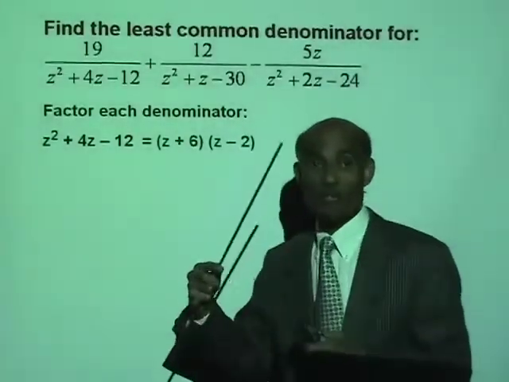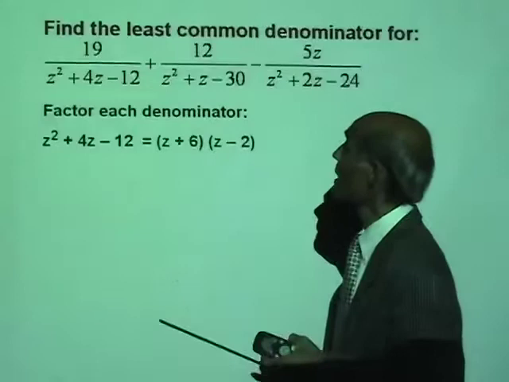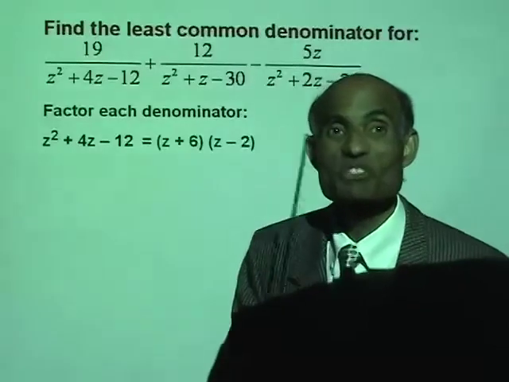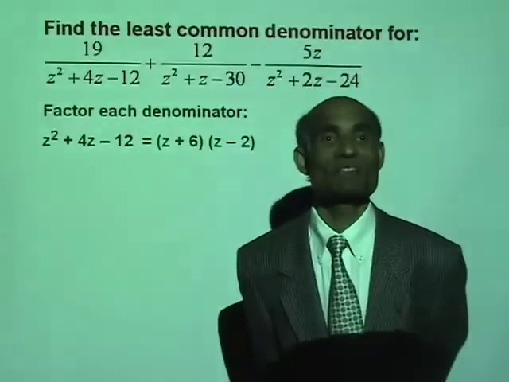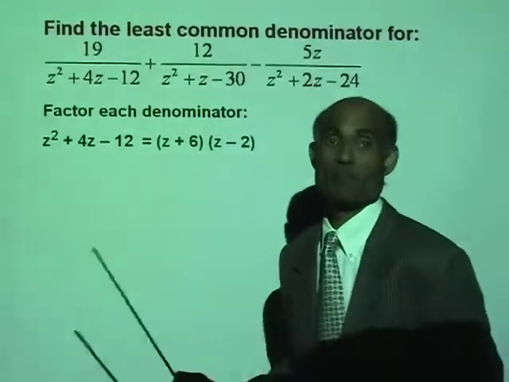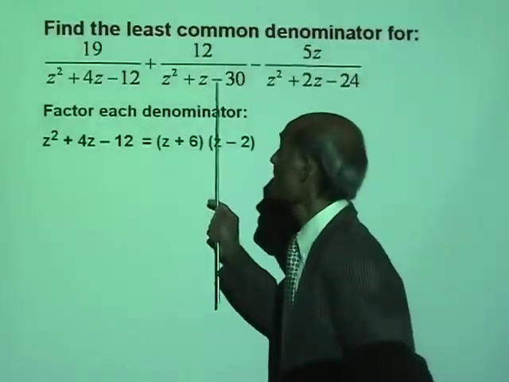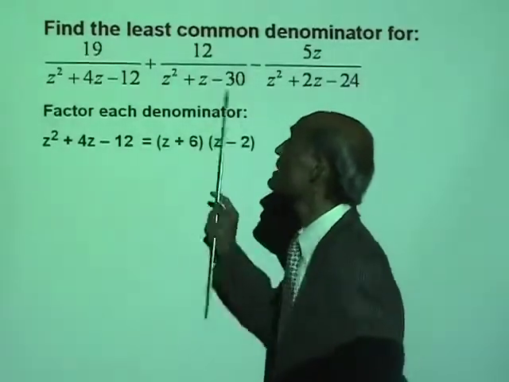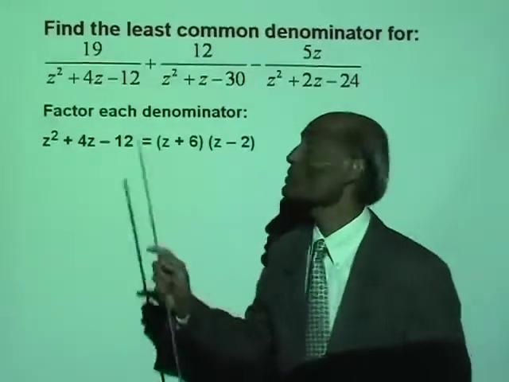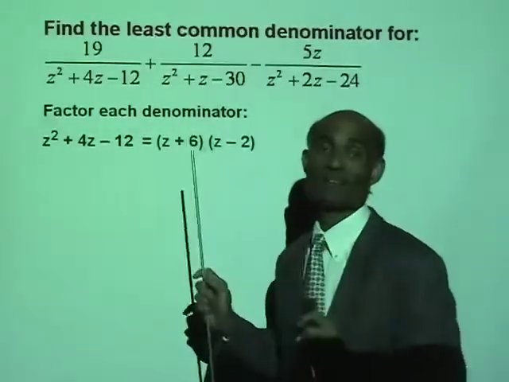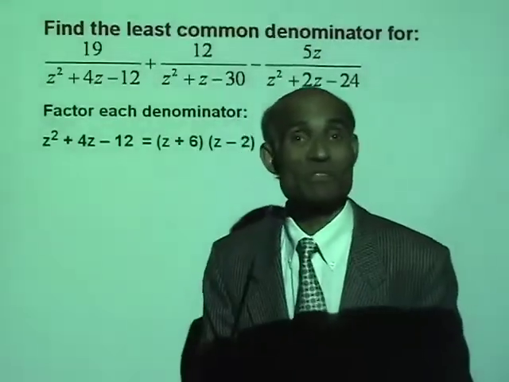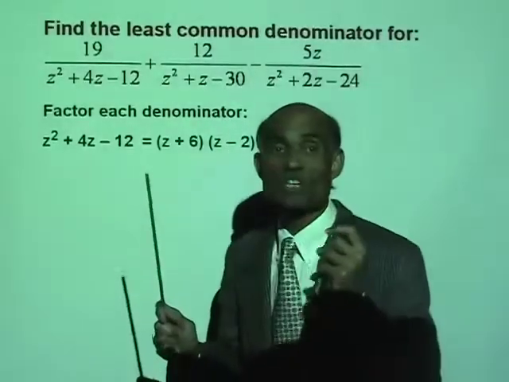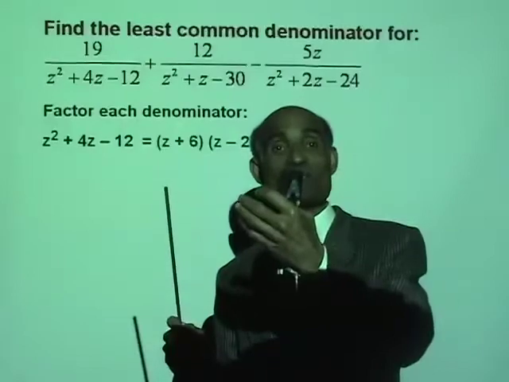Okay? Can you think like that for the next one? Z squared plus z minus 30. Can you factor that the same way? The same question you ask: what two numbers will multiply to give you negative 30 and add to give you positive 1? Two numbers that when multiplied give negative 30 means one number is positive and the other is negative.